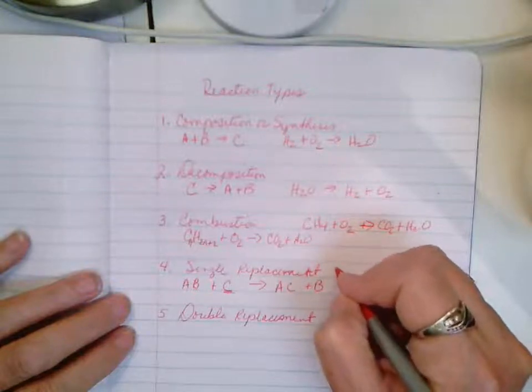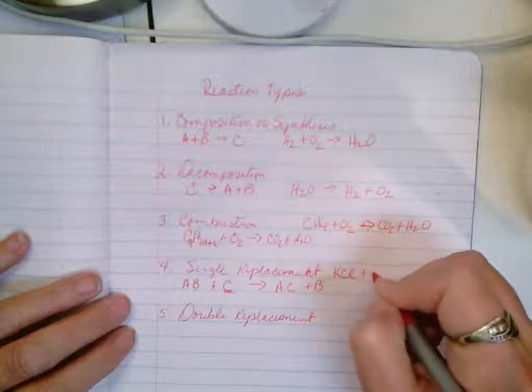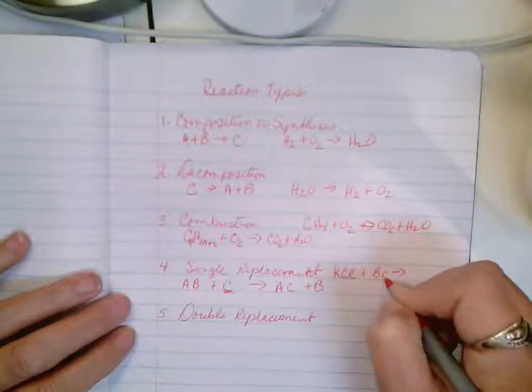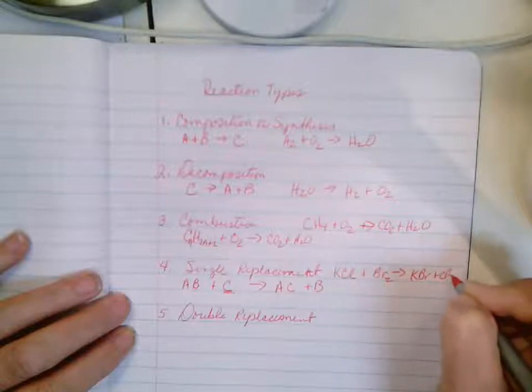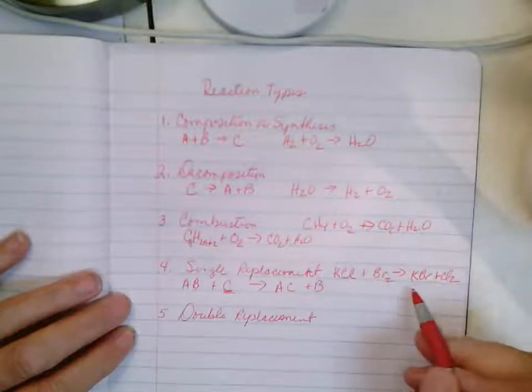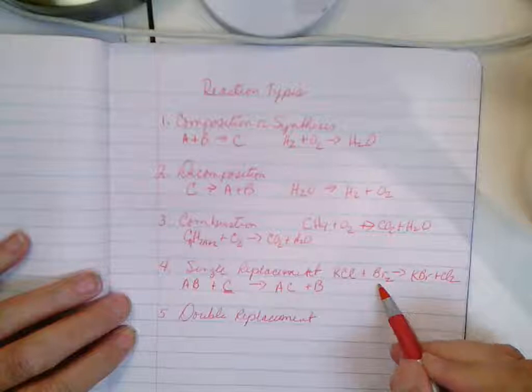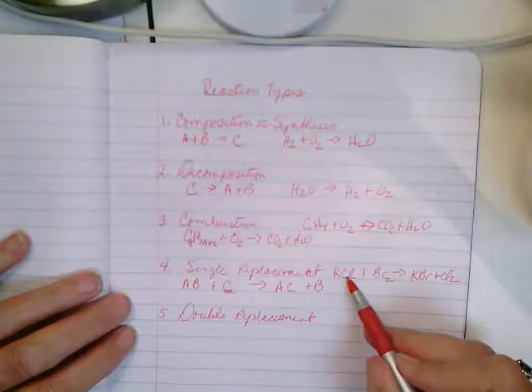Let's say we have KCl plus Br2 would give us KBr plus Cl2. In this case, Br2 is an anion, so it would replace Cl.